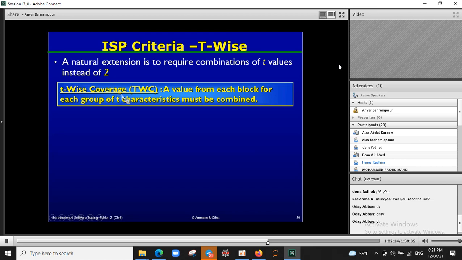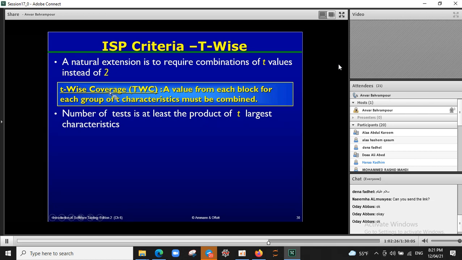When t is the number of all characteristics, t-wise coverage criteria is the same as all combination coverage criteria. When the value of t is 2, t-wise coverage criteria is the same as pairwise coverage criteria.